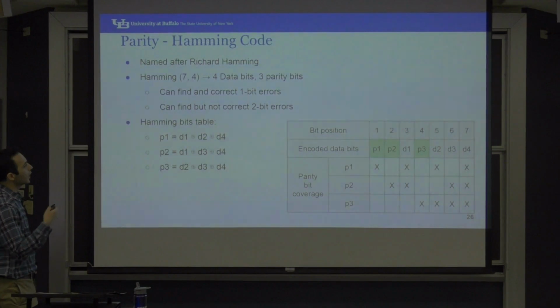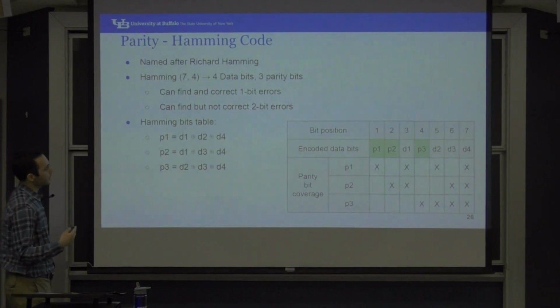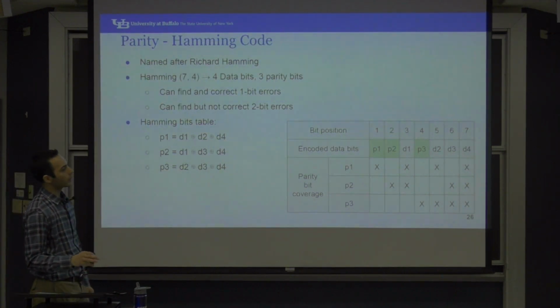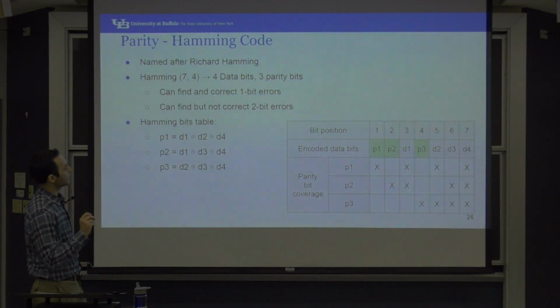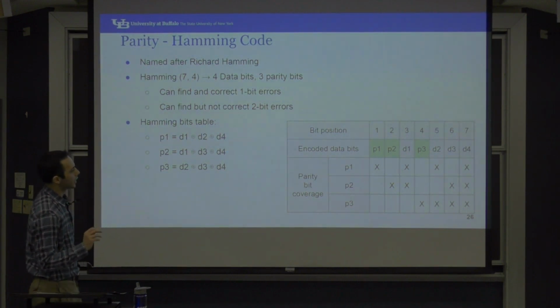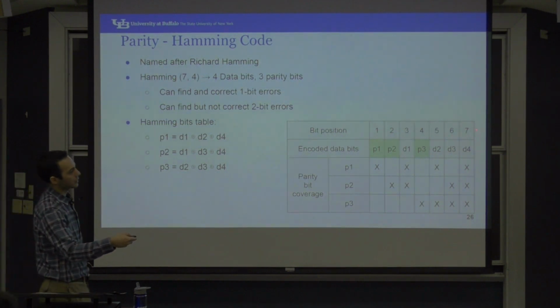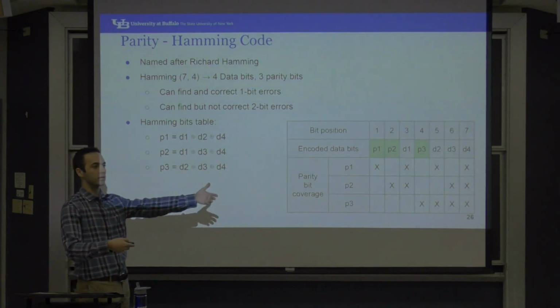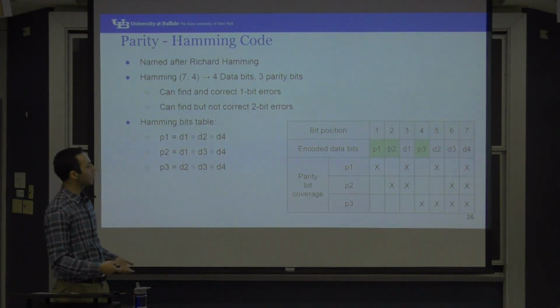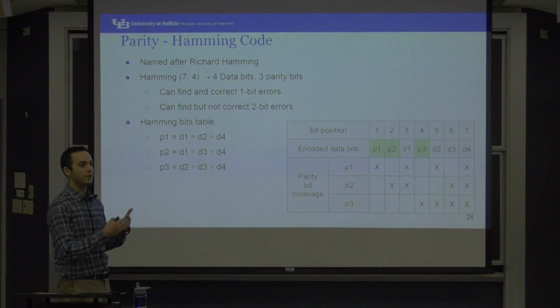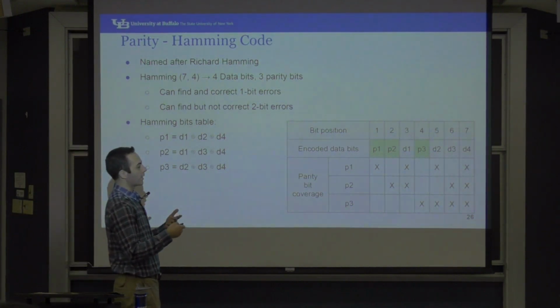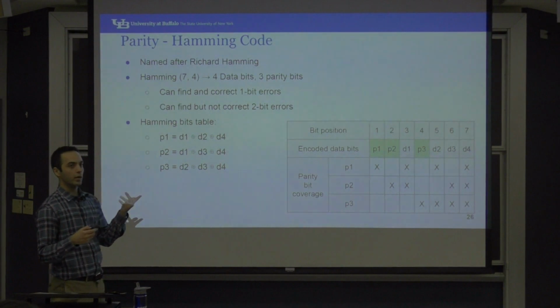Okay? Hamming code examples are here. You don't have to actually be able to calculate it a lot, but it's simple to know. For parity bits, you assign 7 bits: 4 bits of data, 3 bits of parity. Each parity bit is calculated based on some of the other data bits. So what you do is you calculate a parity when you receive it, and if it's 0, it seems fine.